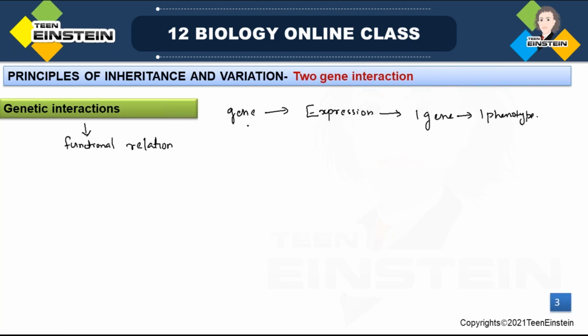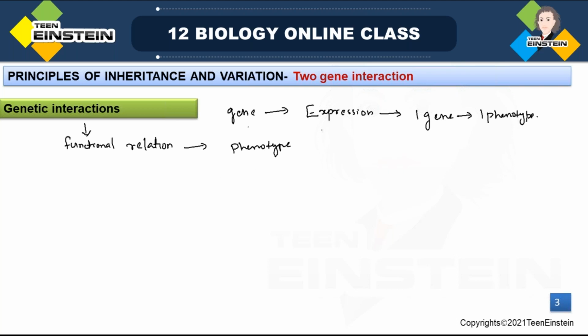Here we explained how one gene is expressing the phenotype. The phenotypic expression of one gene we learned till now. Here, it is genetic interaction between genes for the phenotypic expression, how the function of some genes results in the expression of a particular phenotype.